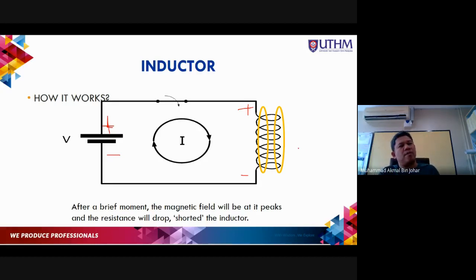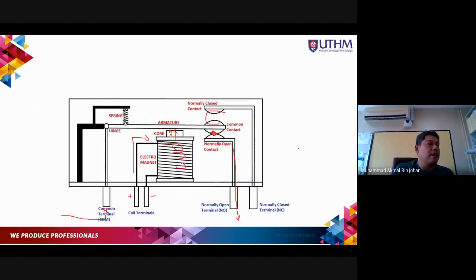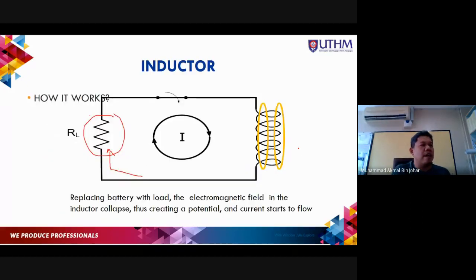Then when you replace the voltage source with the load, like a resistor, here is initially 0, and then you have a voltage here, and this will initiate the movement of current.